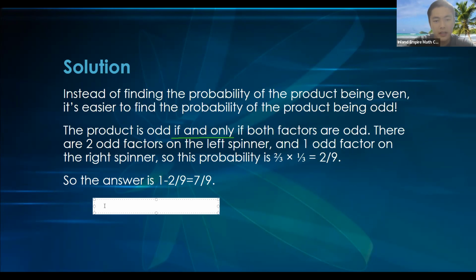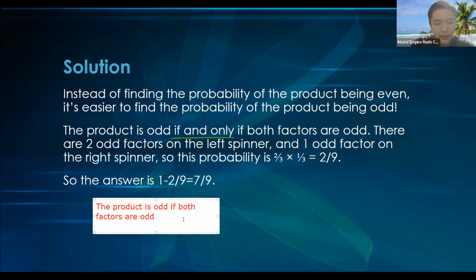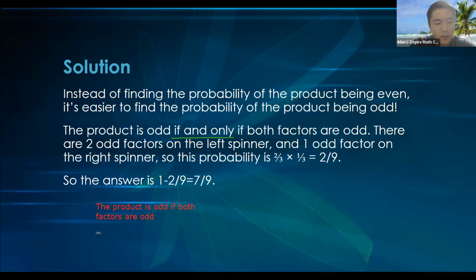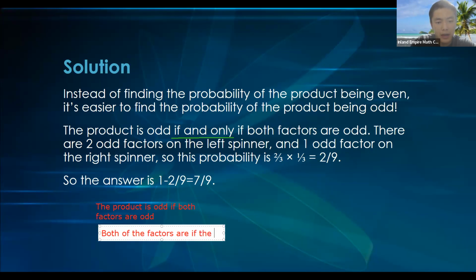The if and only if statement is really a combination of 2 statements. First of all, it's saying that the product is odd if both factors are odd. That's the first statement. But it's also saying something else. It's saying that both of the factors are odd if the product is odd, right?